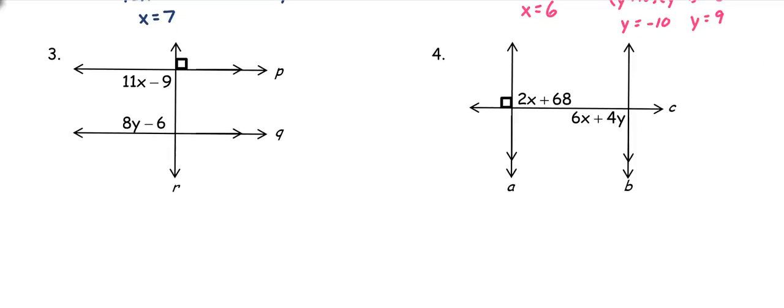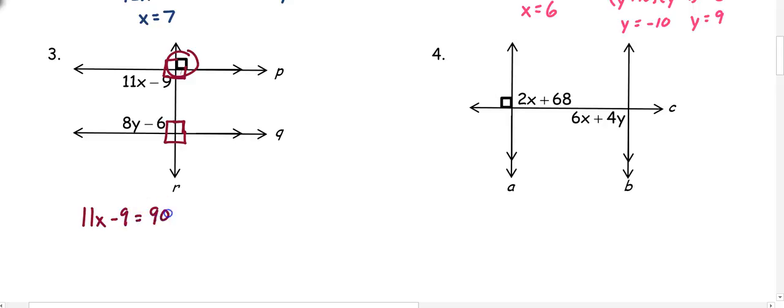Number 3, we have this right angle here, which means that P is perpendicular to R, which means that Q, because those lines are parallel, is also perpendicular, which means all of our angles are going to be 90 degrees in this figure. So we have 11x minus 9 equals 90.